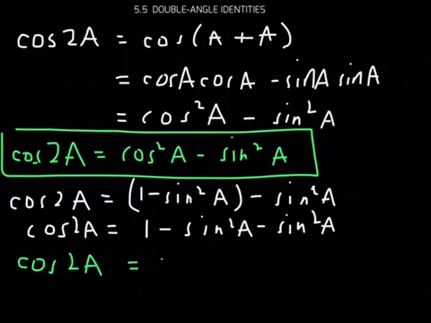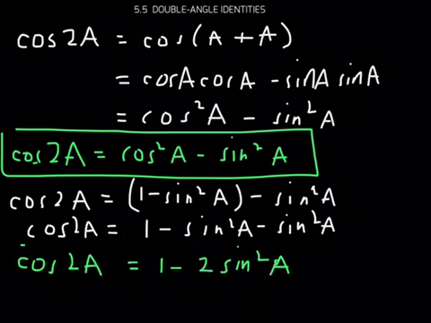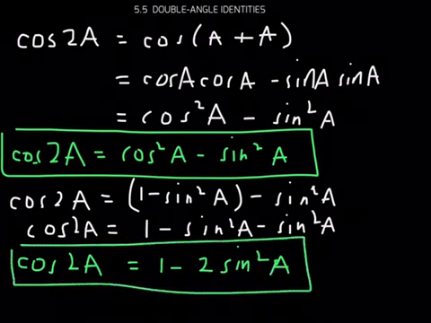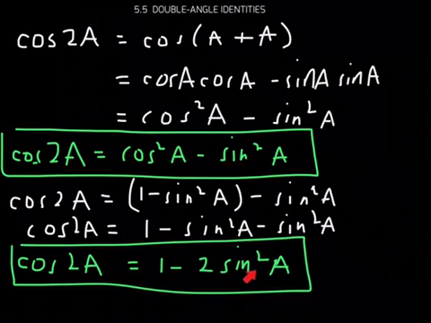Cosine of 2a is also equal to 1 minus 2 sine squared of a. Okay? So now you can see you have two different expansions for the double angle identity for cosine. Cosine of 2a is cosine squared of a minus sine squared of a. It's also 1 minus 2 times sine squared of a. Now there's one more, okay?